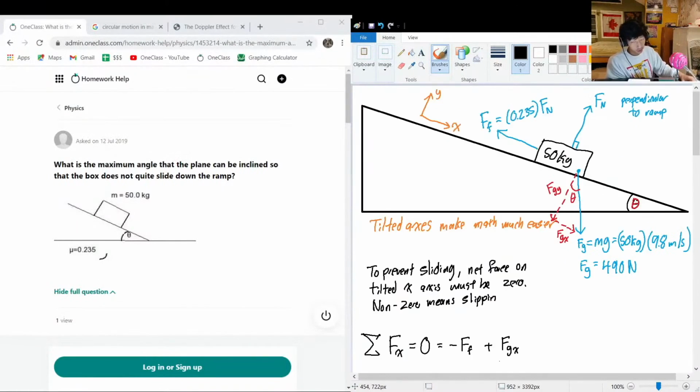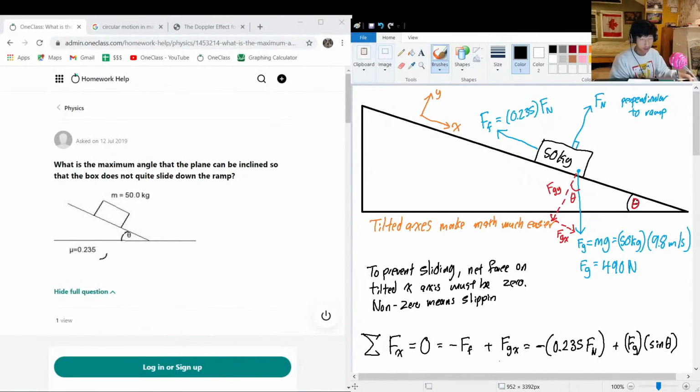Now we can rewrite these equations. Negative Ff we can rewrite as negative 0.235 Fn plus Fg times sine angle.